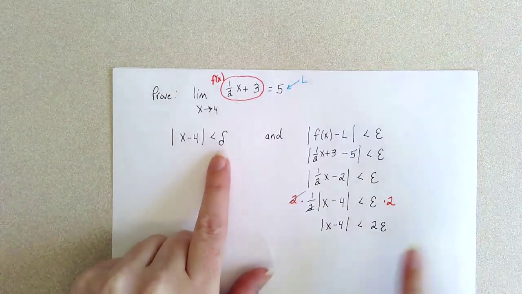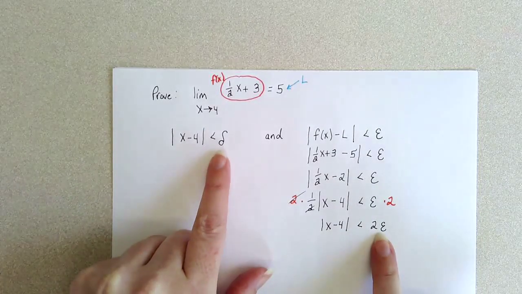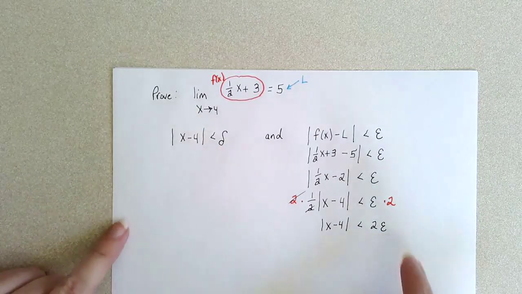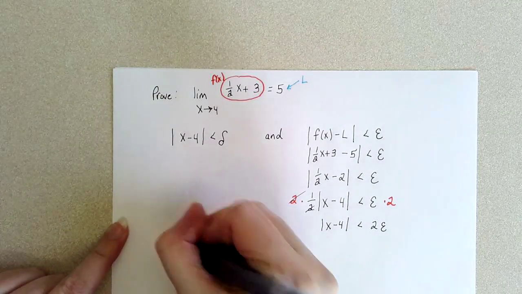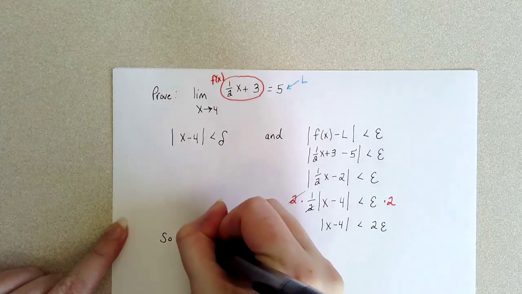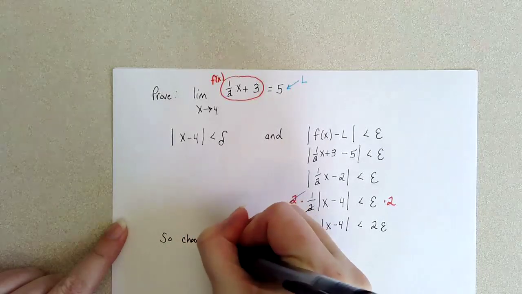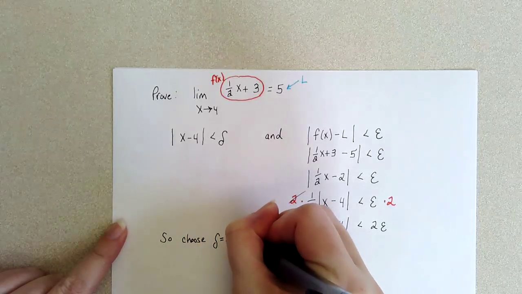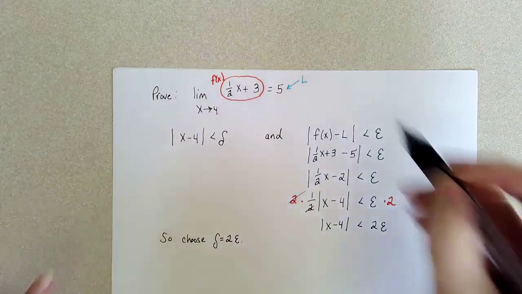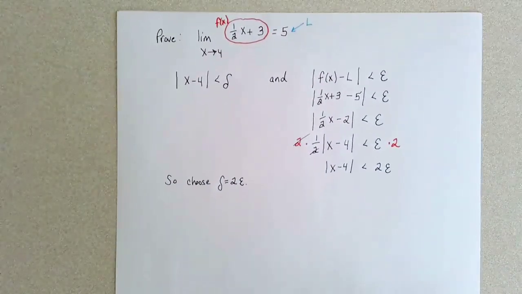Awesome. So that's telling me that I want to set my delta equal to 2 epsilon. So choose delta is equal to 2 times epsilon. All right, and this is our preliminary work for our proof.